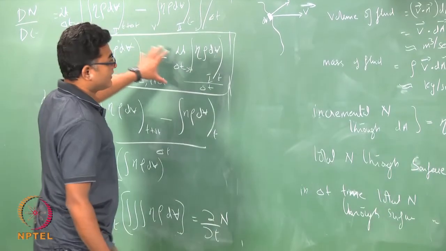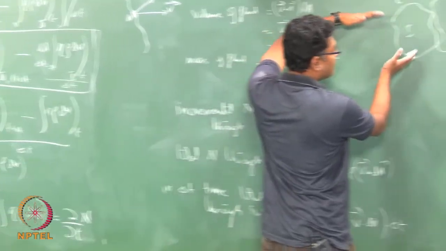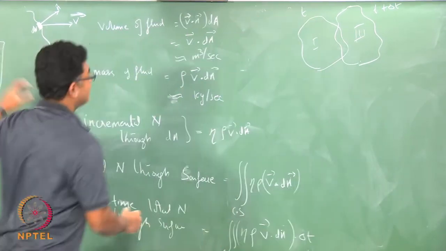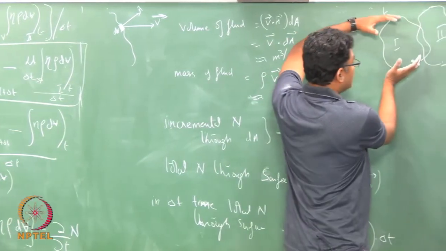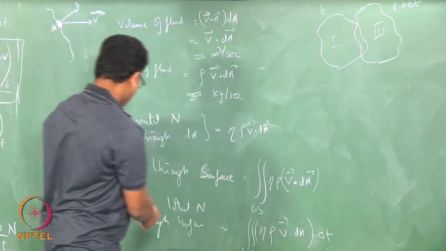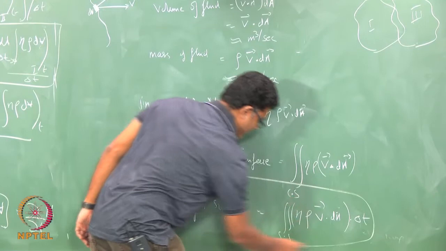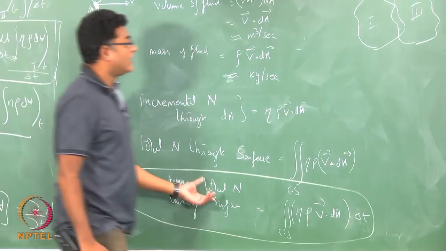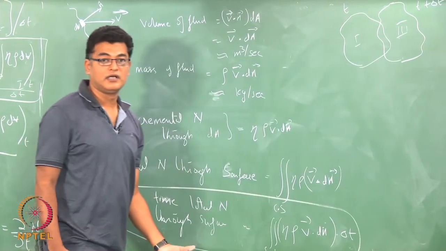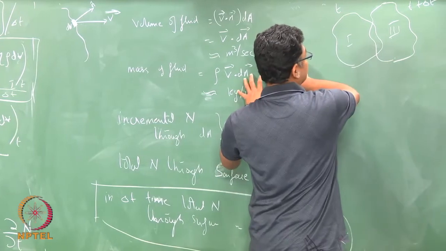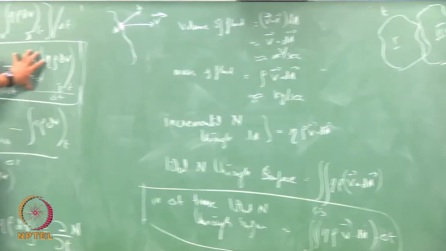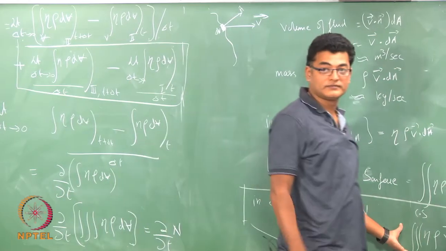So, the material derivative is the change of fluid property that has happened when the fluid moves from this volume to this volume at t and t plus delta t. So, this quantity that you have written here, the total property N that has moved out of this control volume, is this. Likewise, the fluid property that is moving into the control volume is this.